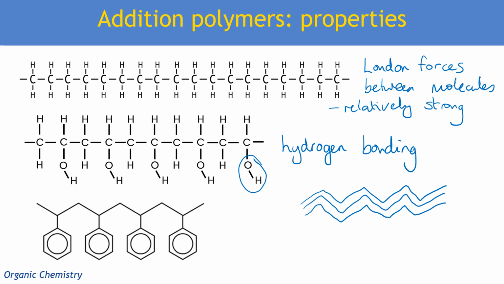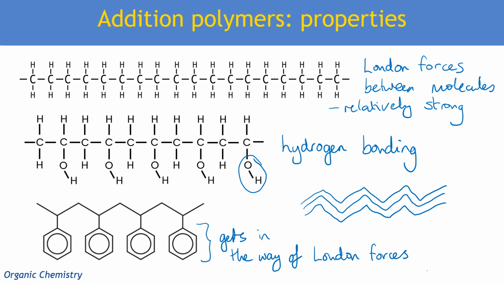But if we look at this molecule here, having a benzene ring gets in the way of those intermolecular forces, those London forces. So it doesn't improve the surface area because actually these benzene rings are not going to be nicely organised like that. There'll be some sticking up and some sticking down, which means that the polymer chains can't actually get as close.